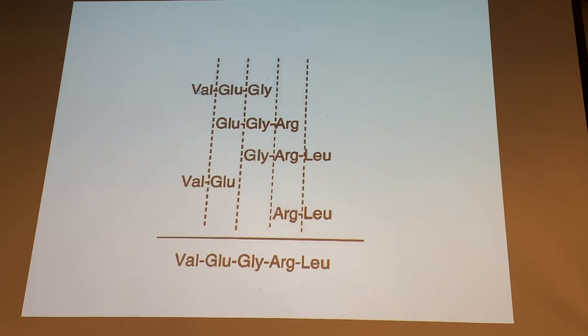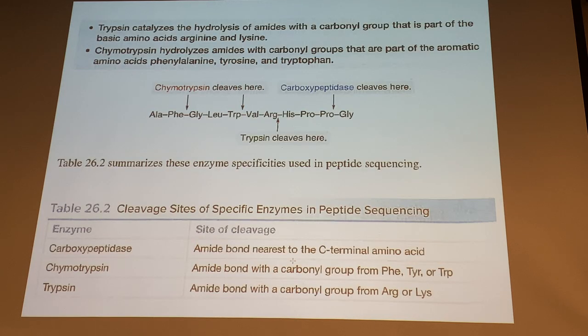So here's V, EG, and here's EG arginine, right? And so glutamic acid glycine lining up in both of those are there, you see. And you see val-glu there, which also relates to that tripeptide. And then this arginine leucine relates to this tripeptide. And then the computer can just slide them along and see what's consistent with the final thing there.